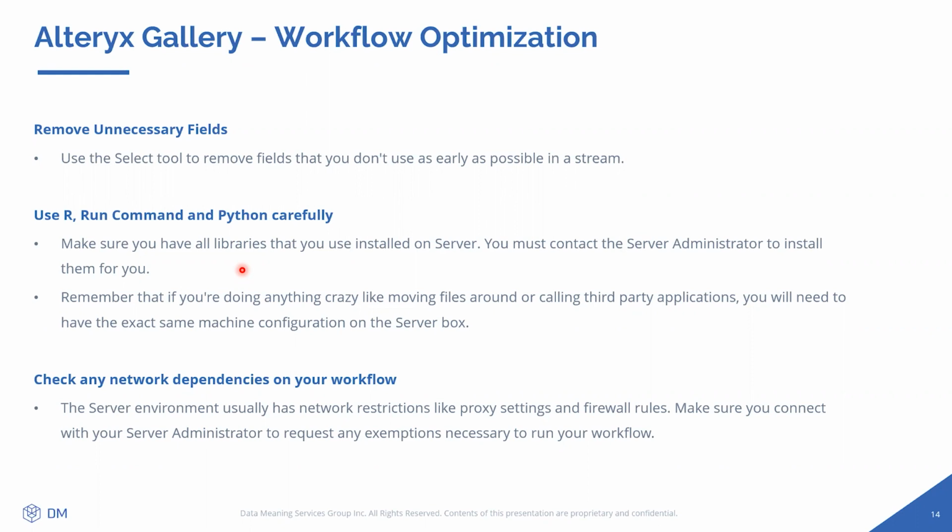The server machine might be pointing to that same location using drive, I don't know, G or something else. So if you have that drive letter for the network path, it won't work when you try to upload to the server. So always make sure that you have the universal path before publishing an app to the server. Okay.